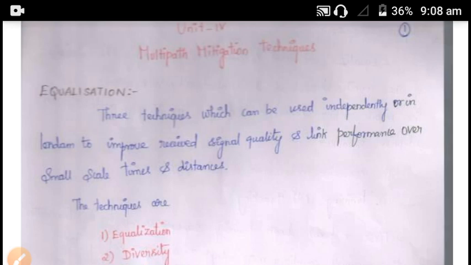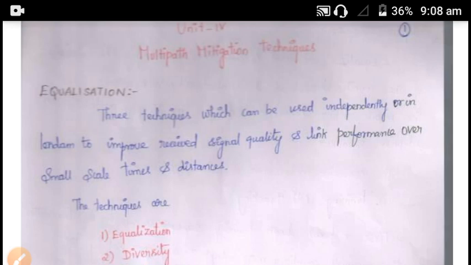Here, to improve the receiver quality and link performance, we are using three techniques. We know we are transmitting data, and on the receiver side we are receiving that information. On the receiver side we want to get clear information, right?